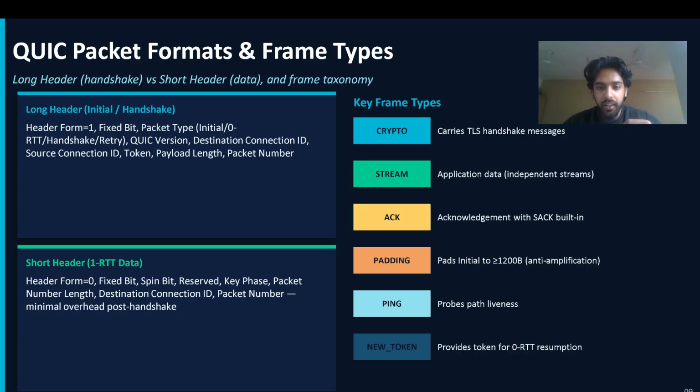After that, most servers release tokens, and that token is sent to the client side. QUIC stores that token in the new token frame so that in future, if we want to establish the connection again, QUIC just passes the new token to the server side. The server matches that new token and quickly establishes the connection without any use of RTT. That's why it is said that QUIC also uses zero RTT.